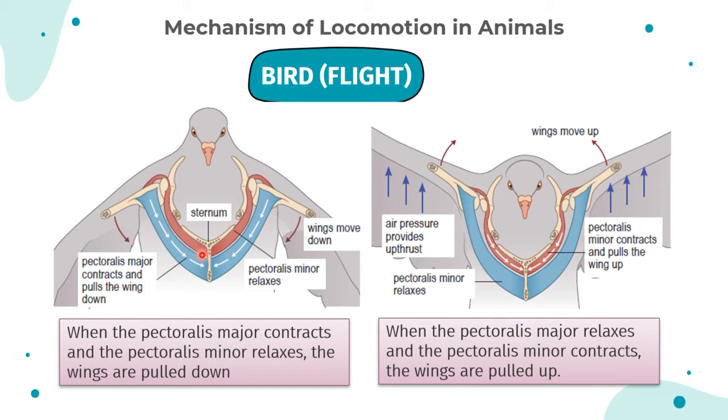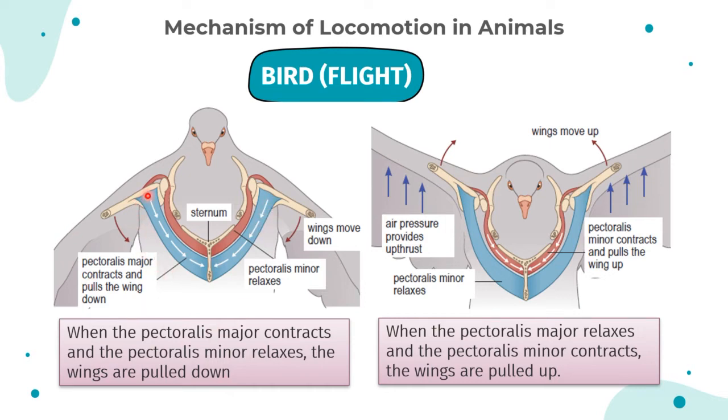So, how does the bird fly? When the pectoralis major contracts, and at the same time the pectoralis minor relaxes, the wings are pulled down. Let's go to the diagram here.